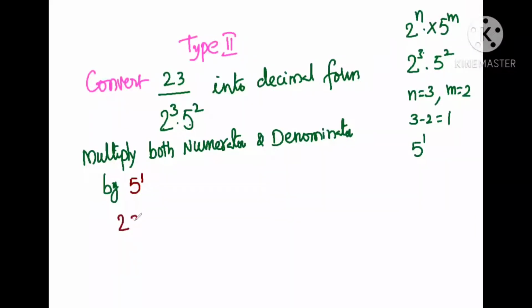So here we have 23 by 2 cube into 5 square. Now multiply both numerator and denominator with 5 power 1.